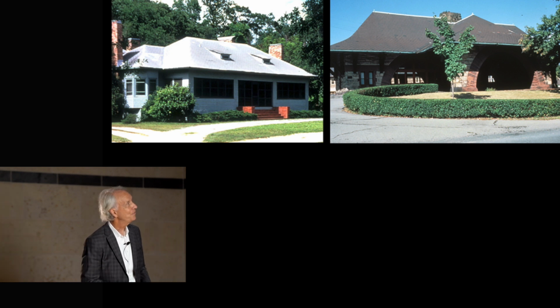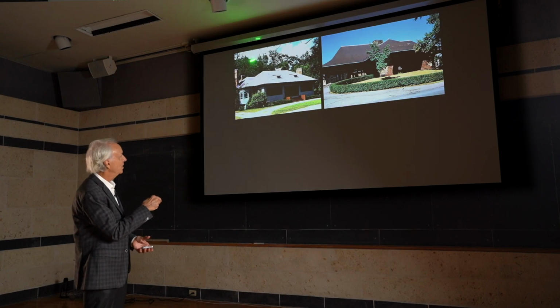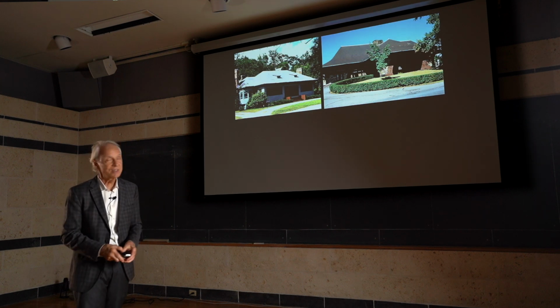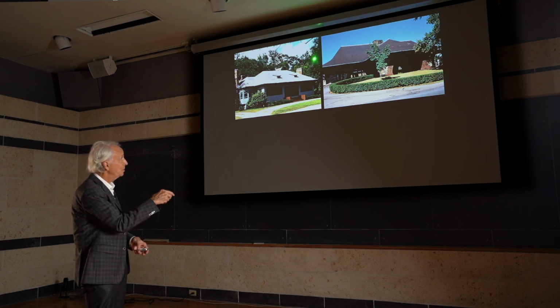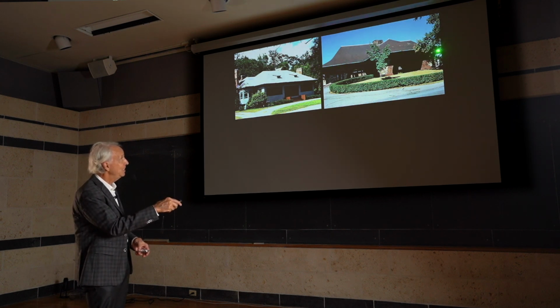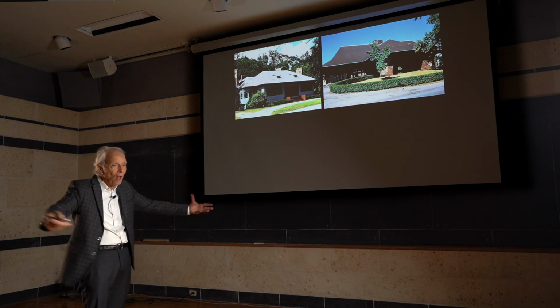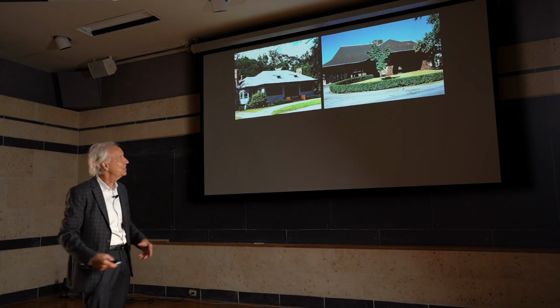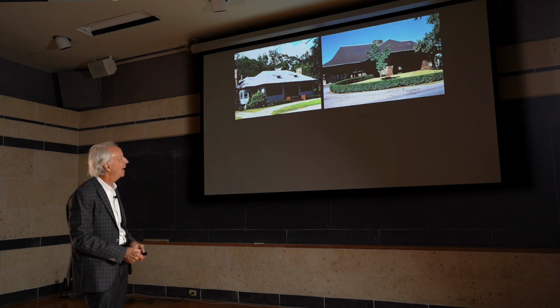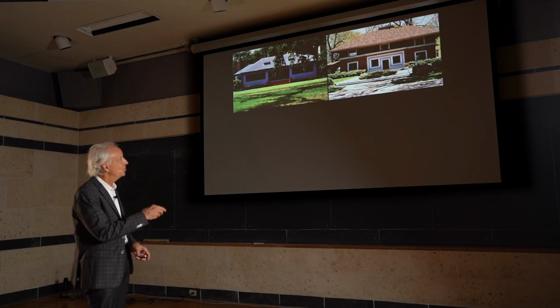Then Sullivan follows that with his house that he does in Mississippi. And you can see those simple roofs, those deep eaves, the big openings, the welcoming, open sense to the building. And then you can see that being transferred on to Frank Lloyd Wright.